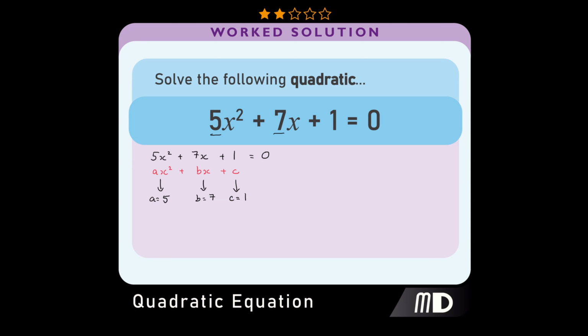Then let's write down the quadratic formula. This is x equal to minus b plus or minus the square root of b squared minus 4ac, all divided by 2a.